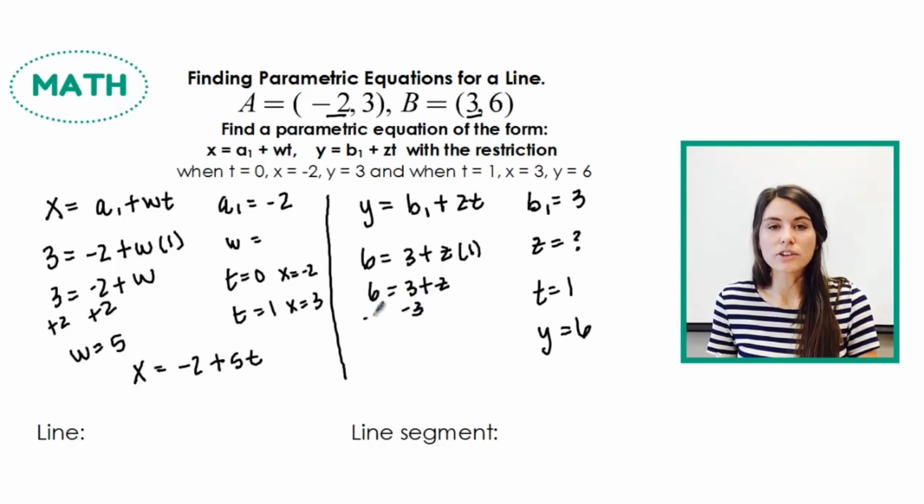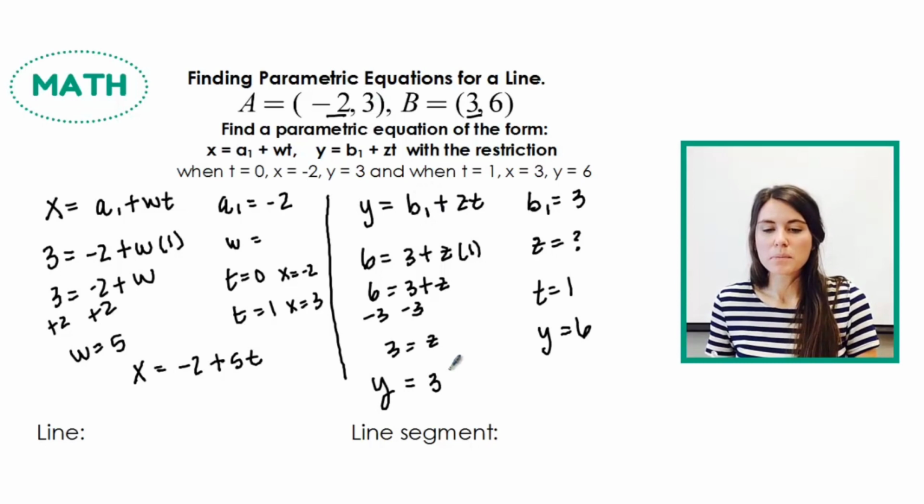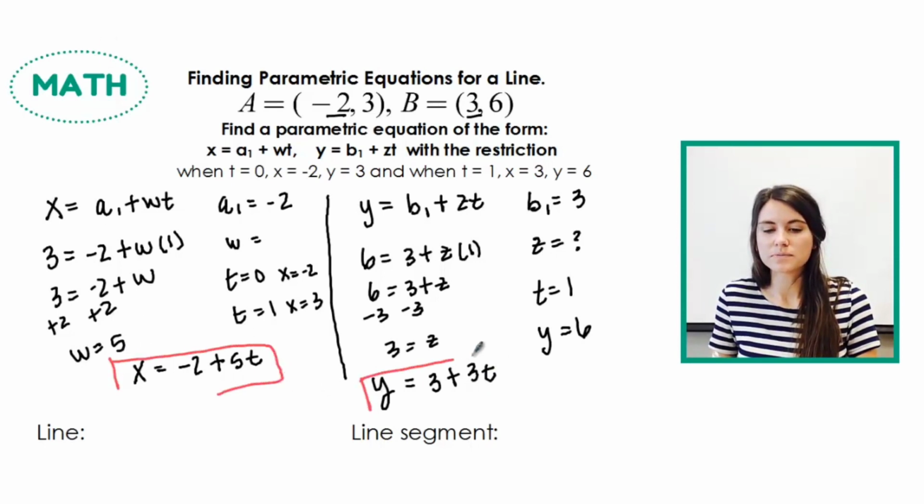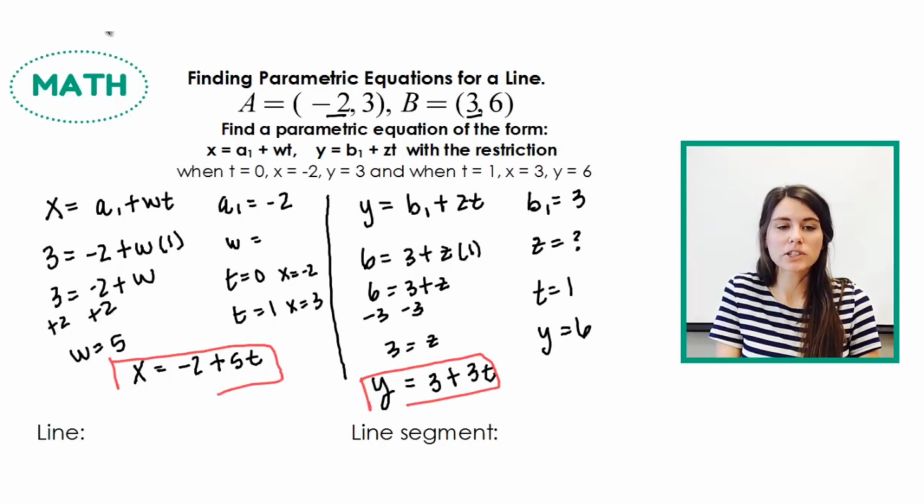I subtract 3 from both sides. 3 is equal to z. So the equation for y is y equals our initial y value, which is 3, plus z, which is 3t. So here are my two parametric equations, right here and right here.